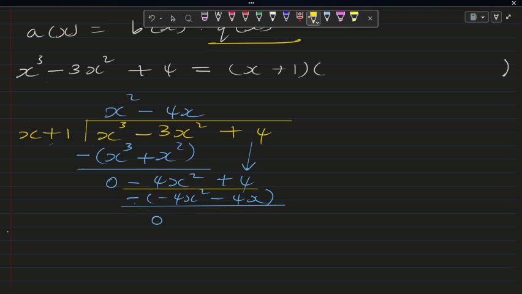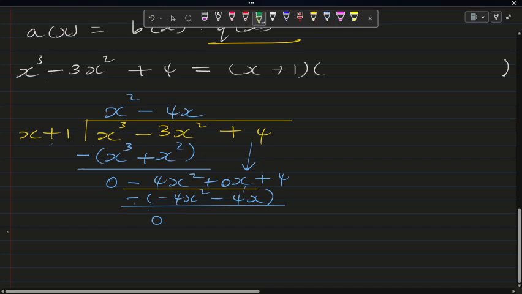in this term there is no x term. Okay, so we can view this situation like this. So we can say it's plus 0x and then plus 4. Okay, so we can say 0x plus 4x.